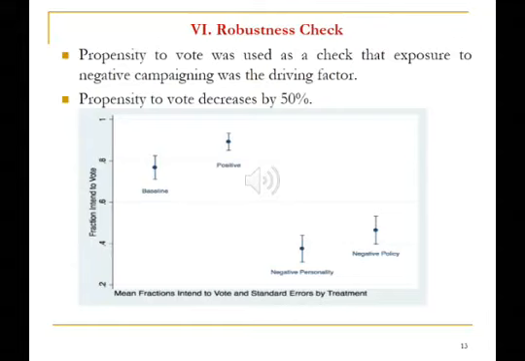So the propensity to vote in that hypothetical election decreases in negative personality, as you could see, by 50% compared to the control, and also in the negative policy compared to the control. So the effects that we see on trust actually are working by the mechanisms that we argued they would be working through, which again increases the trust in our results.